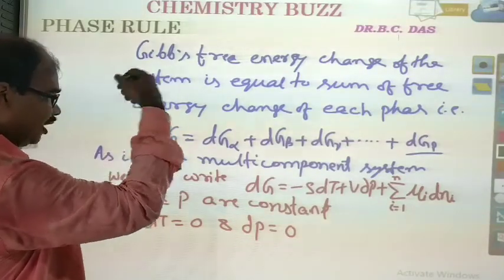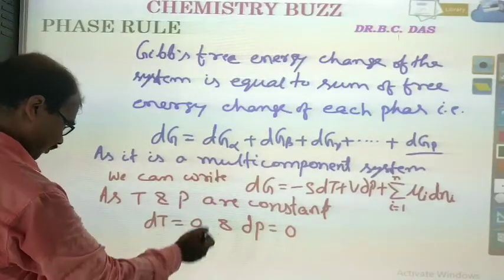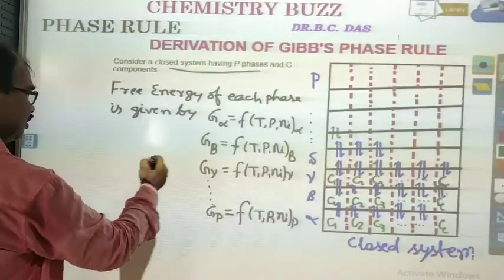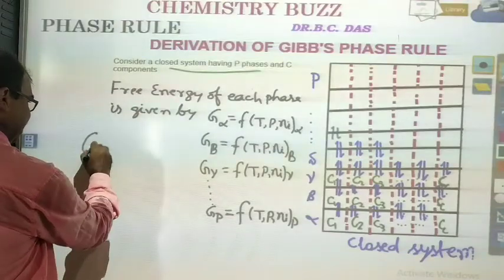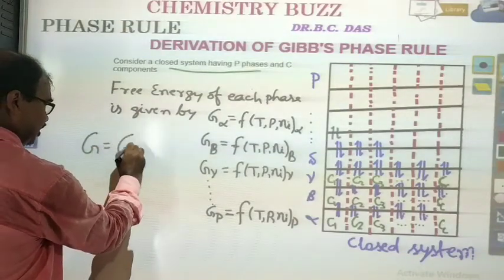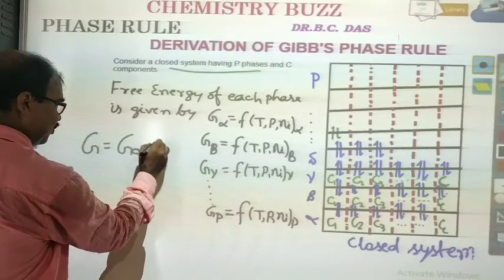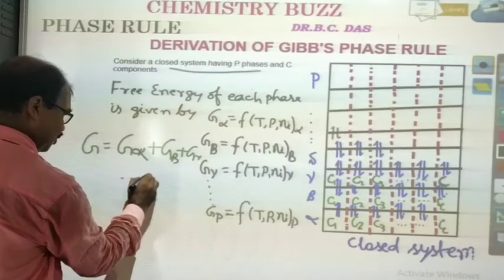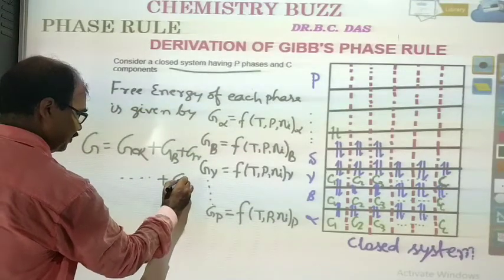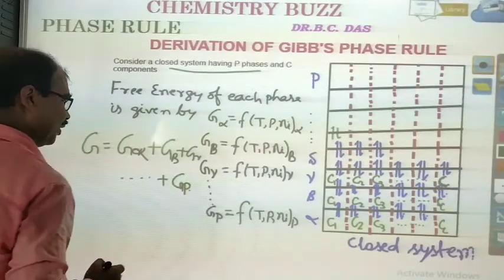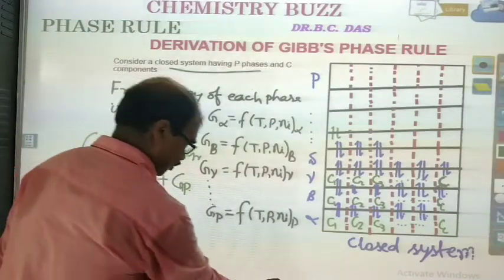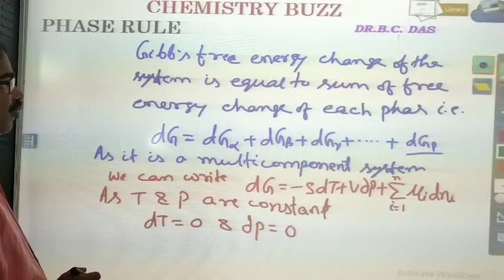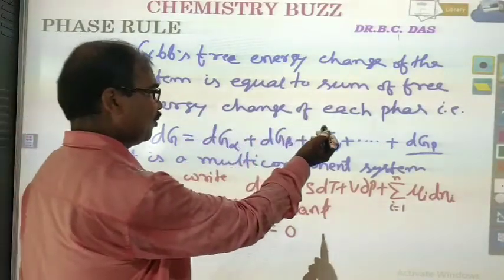So the total free energy of the system is equal to the sum of the free energies. Say G is equal to G alpha plus G beta plus G gamma up to plus G P. And any change in free energy of the system is equal to the sum of the free energy changes of each phase.